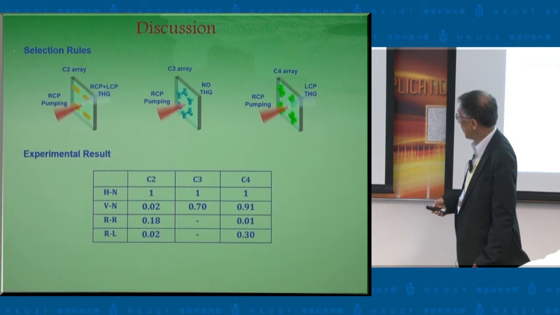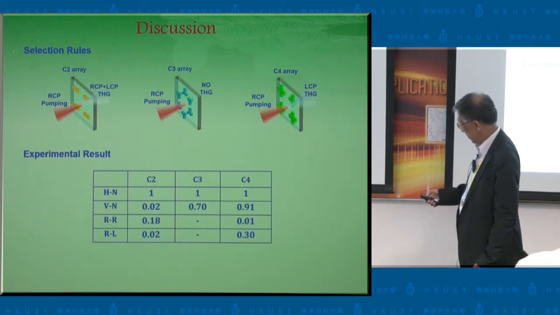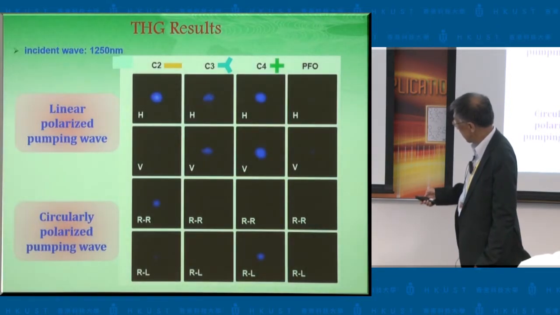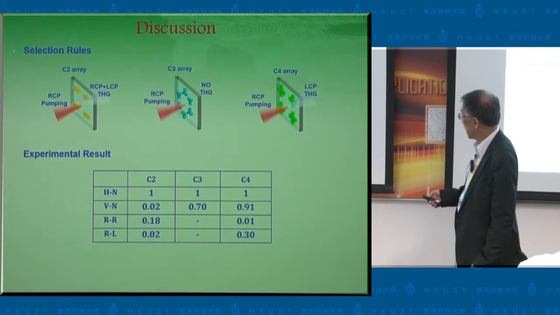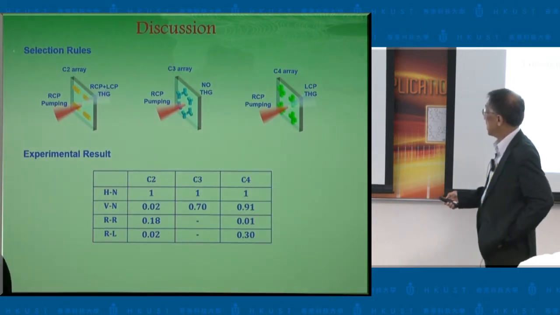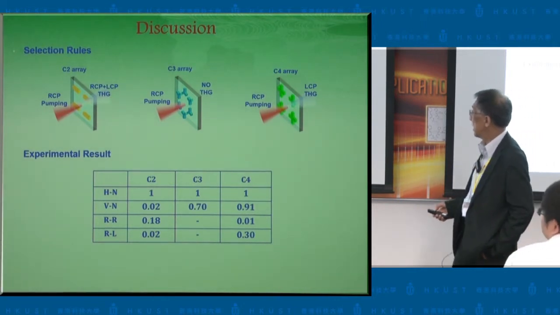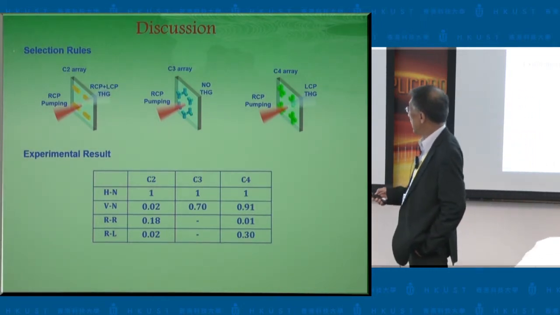Only at the C4, and for the circular polarized RR and RL here, it is a lot weaker. You strain your eyes, you can just about see that, and this is more than 15 times stronger than that. Whereas for the right-hand circular, the C2 is in fact stronger than the C4.